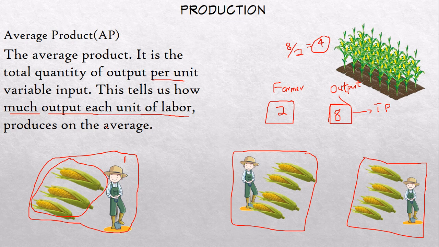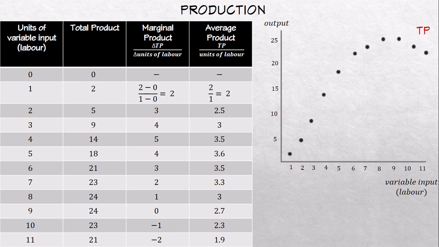Just like the normal average in mathematics, it is the same meaning over here. If we are to distribute it evenly to all the farmers, each of them is going to get how much? That is what we mean by the average. Now we are going to look at the table over here.